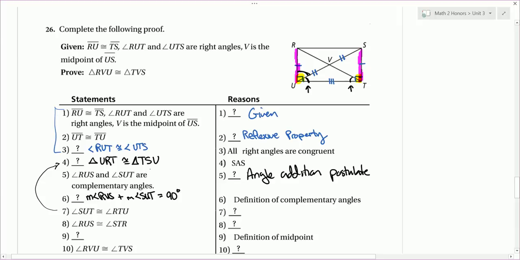SUT is in the second triangle, and RTU is in the first triangle. And because we have two triangles that are congruent, their corresponding parts are congruent. So corresponding parts of congruent triangles are congruent. Okay. Angle RUS, that one right there, is congruent to angle STR.